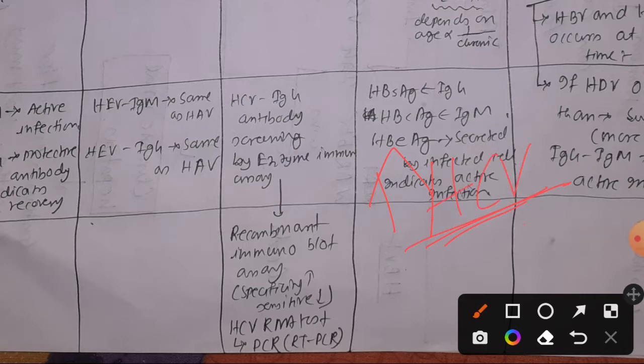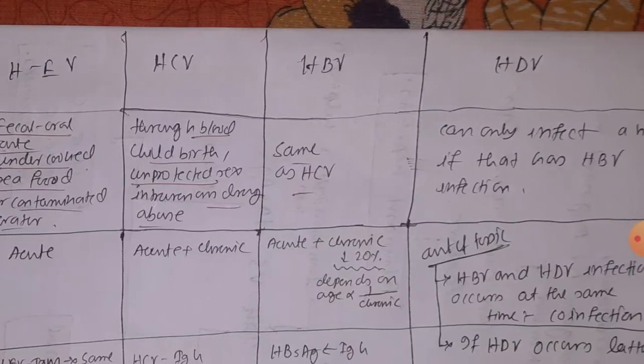Or if our RT-PCR result detects a low CT value in our sample, we can say that yes, that individual is infected with hepatitis C virus. So I hope you have understood it very clearly.